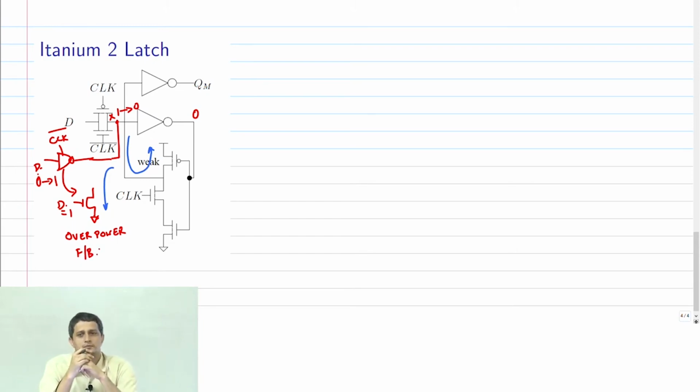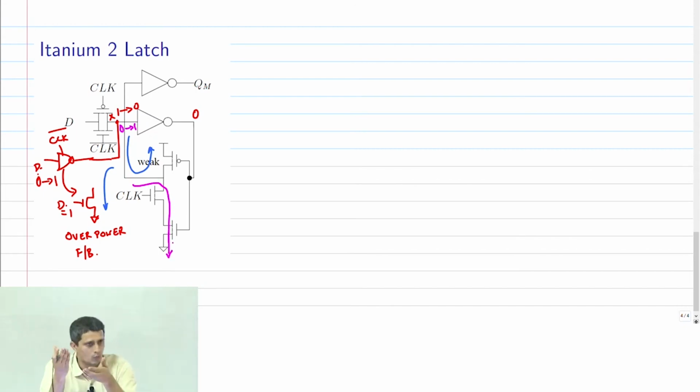Other way, suppose the node X had a 0 and I wanted to make it 1. Then node X had a 0 means it was being pulled down through which guy? It was being pulled down through this path, right?